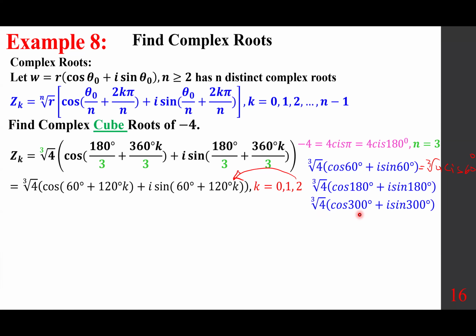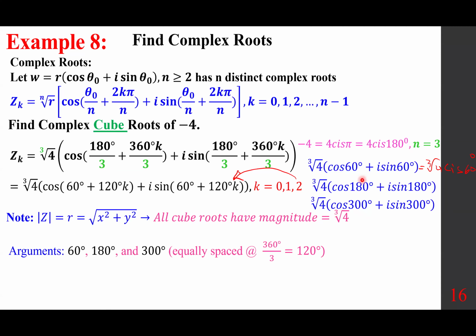In other words, notice the magnitude, or r, is the square root of x squared plus y squared. So all cube roots have magnitude of cube root of 4. The arguments 60, 180, and 300 degrees are equally spaced. If you divide 360 degrees by 3, the space between them is 120 degrees.